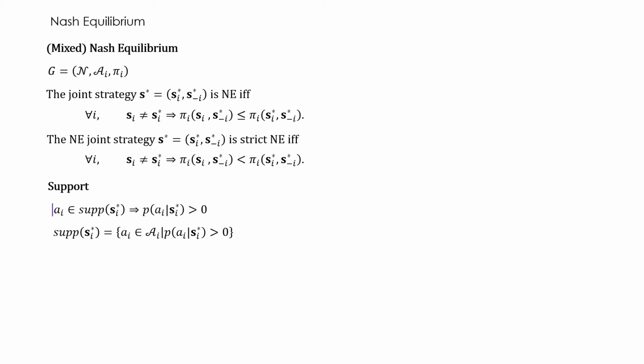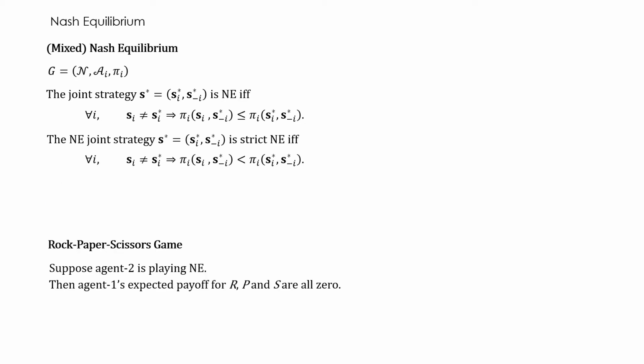So some actions are in the support of the Nash equilibrium strategy of an agent, and some actions might not be. In the rock, paper, scissors game, the Nash equilibrium strategy is one third, one third, one third rock, paper, and scissors, and the expected payoff of either player at equilibrium is 0.